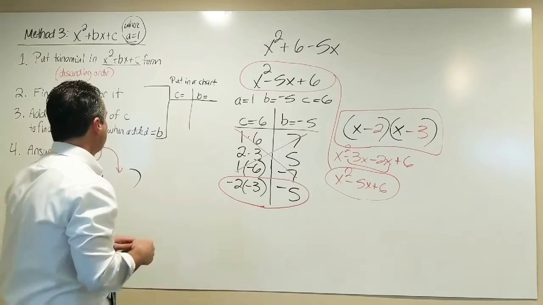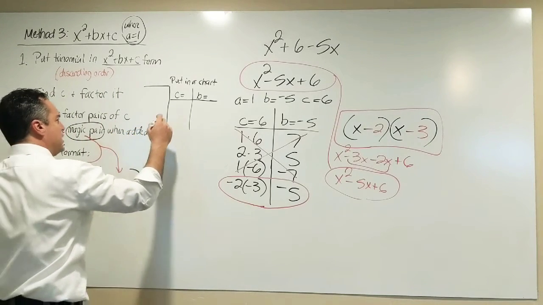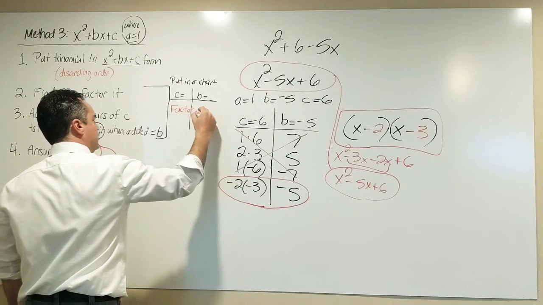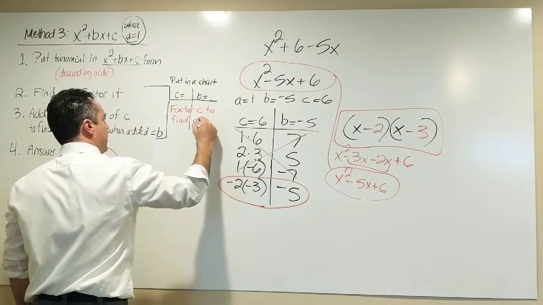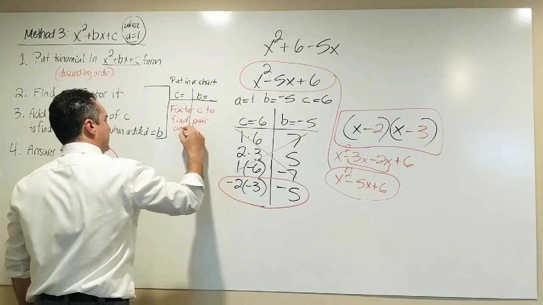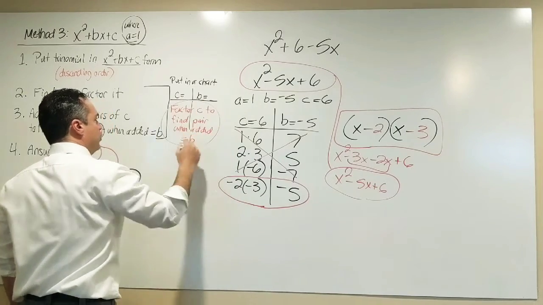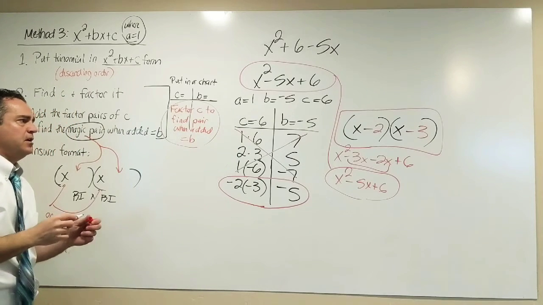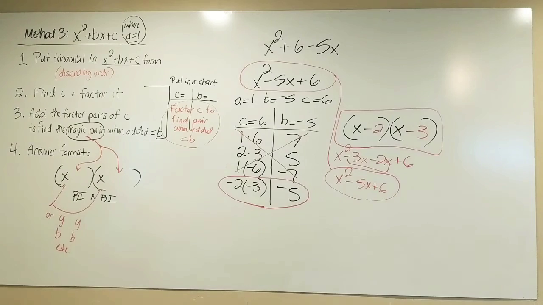So I always want you to make a chart, but I want you to understand that these two steps could be condensed into one step: factor C to find the pair that when added equals B. So I want you to watch this.